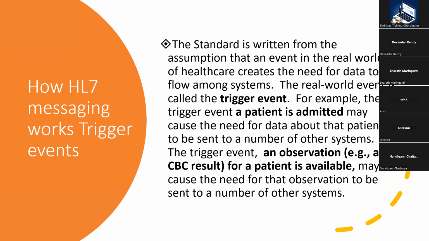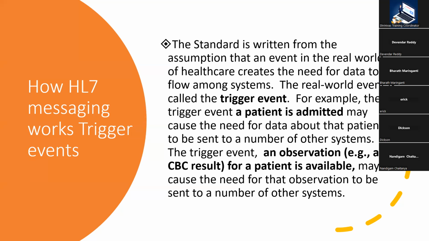Let's say a patient is getting registered. Patient information should go from PM to EHR. Okay. So if such requirements are there where the data has to be sent from one system to another, they are called trigger events. Okay, so a trigger event is nothing but an event that is happening in the real world.